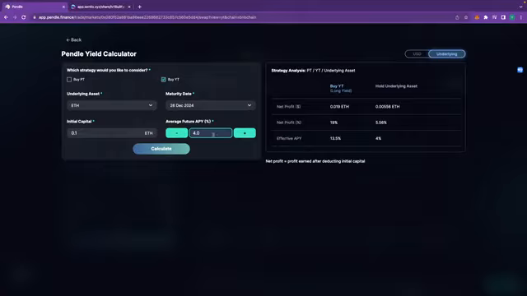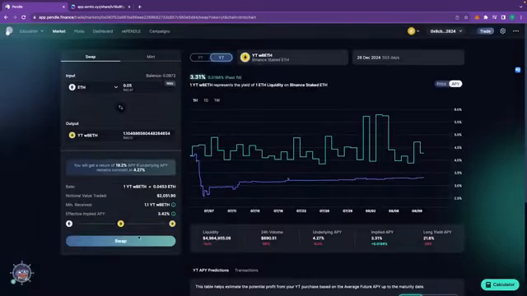And you can see that even in the case that underlying APY is 4.0% in the long term, this trade will still get you 13.5% if you buy YT and hold it all the way until maturity. So that's how you can look at the numbers and potentially execute a YT trade.